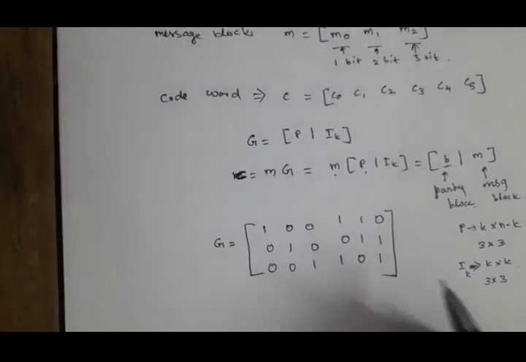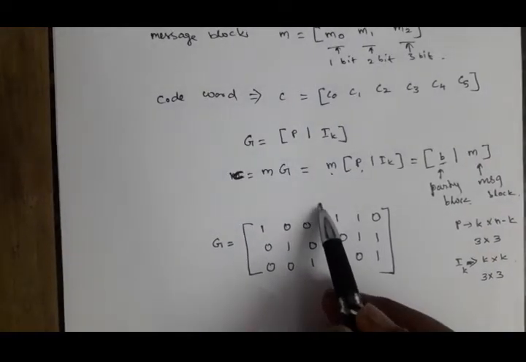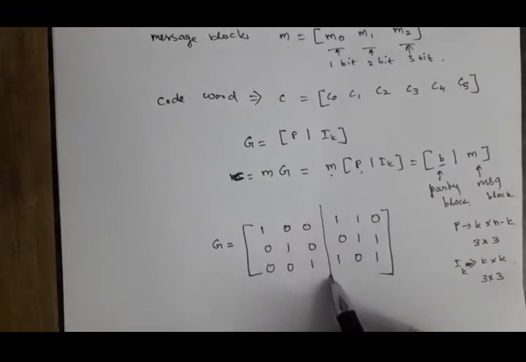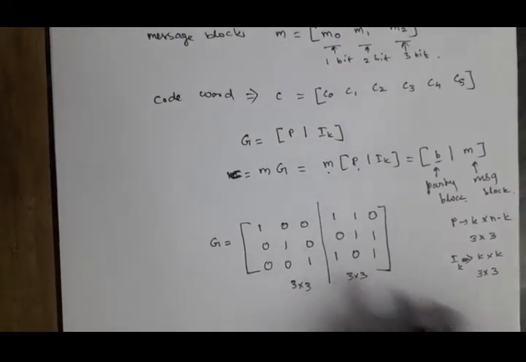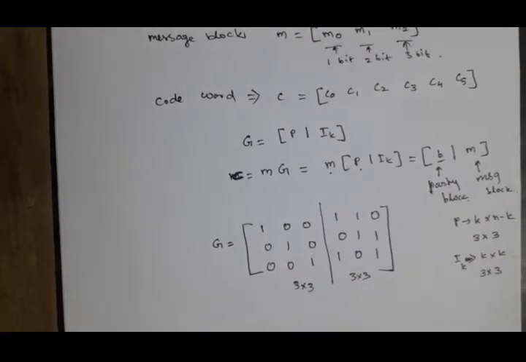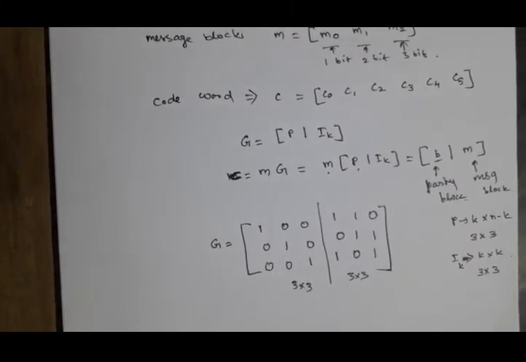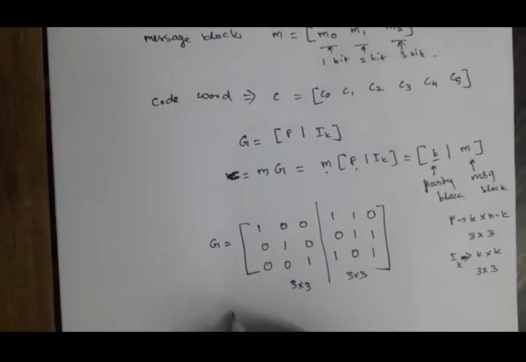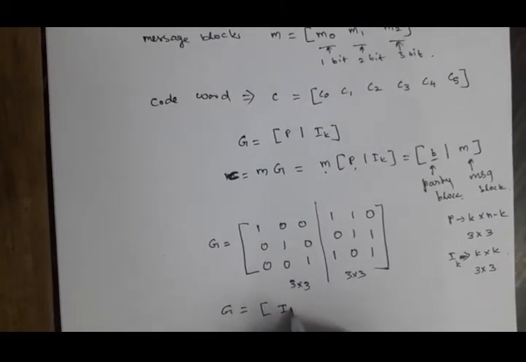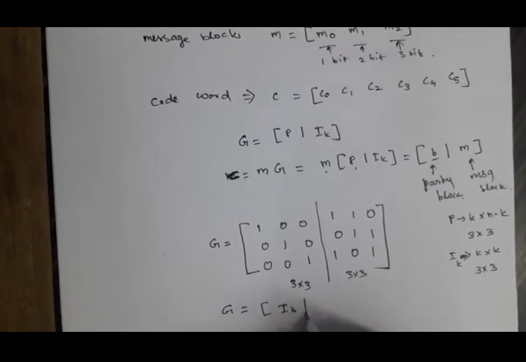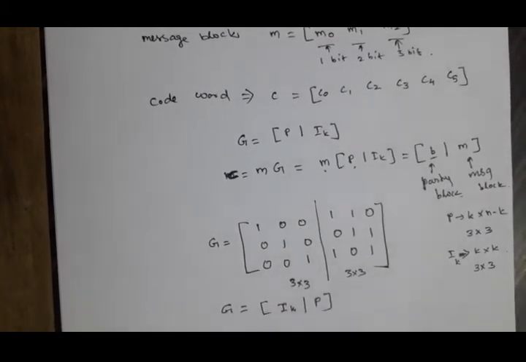And here we can see that if you split these into two parts, which consist of 3 cross 3 and 3 cross 3, the combination of 3 cross 3 and 3 cross 3 matrix, we can see that the generator matrix is the combination of identity matrix and parity matrix.